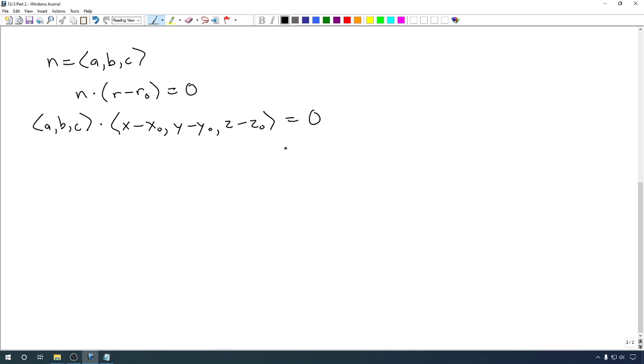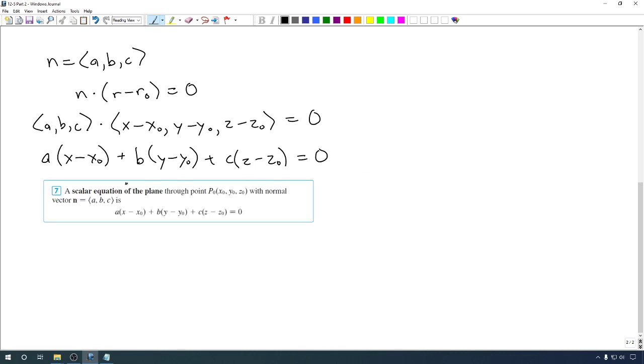And remember, we find the dot product by taking the components of this vector times their corresponding components of this vector, and then adding all those up. So we have a times x minus x naught plus b times y minus y naught plus c times z minus z naught. And we want that to equal 0.